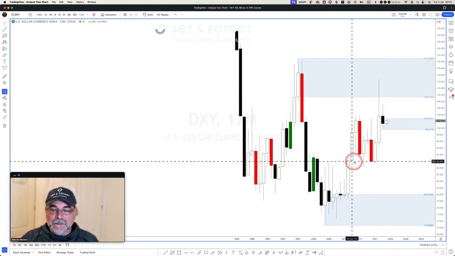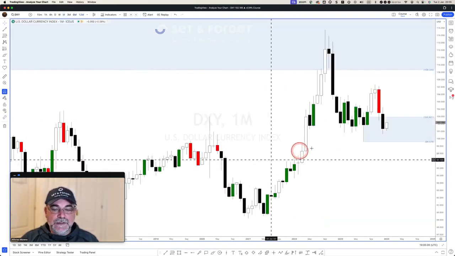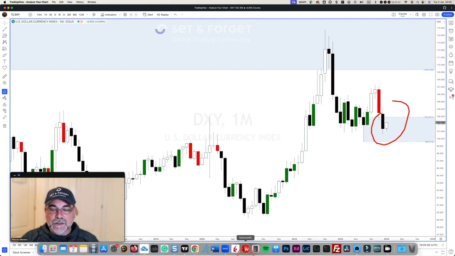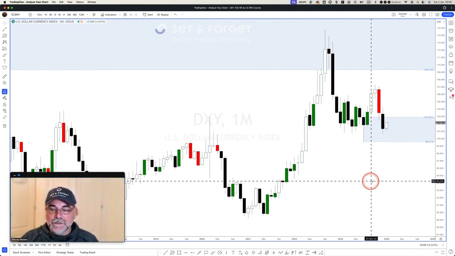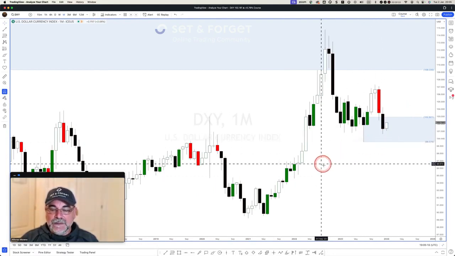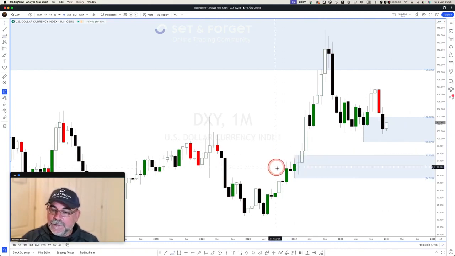And we were talking about that. So now that the dollar index has reached that area of demand on the monthly, going short is not a good idea, unless this is eliminated and we've got another area of demand right there.